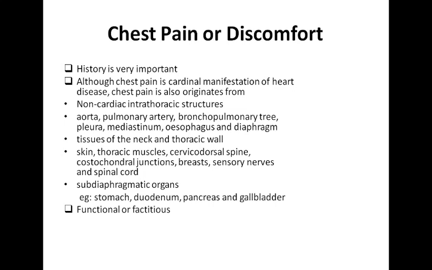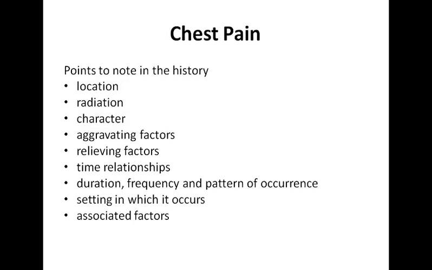Also, musculoskeletal pain can present like a chest pain. Intra-abdominal viscera like stomach, gallbladder, pancreas can give rise to chest pain. Sometimes chest pain could be due to functional or factitious chest pain.